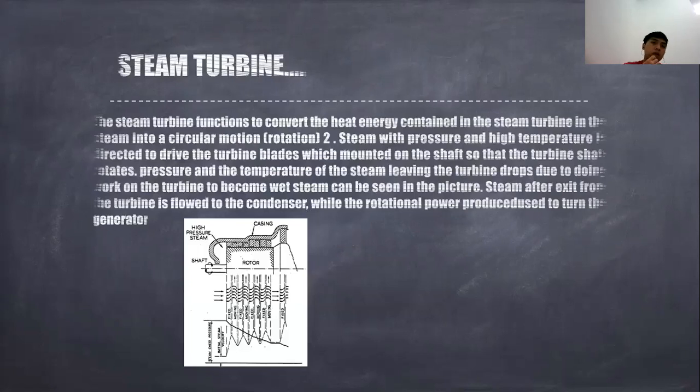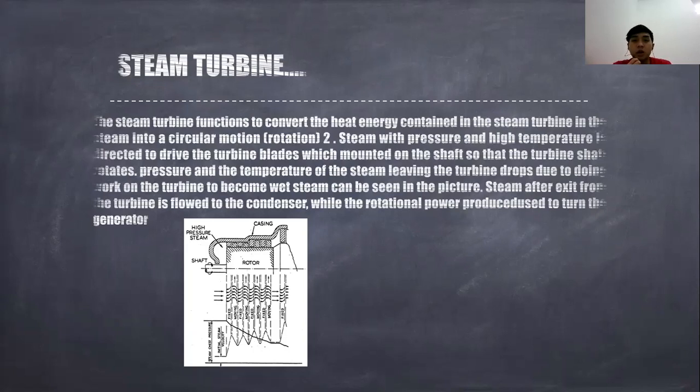The second component, steam turbine. The steam turbine functions to convert the heat energy contained in the steam into a circular motion or rotation.